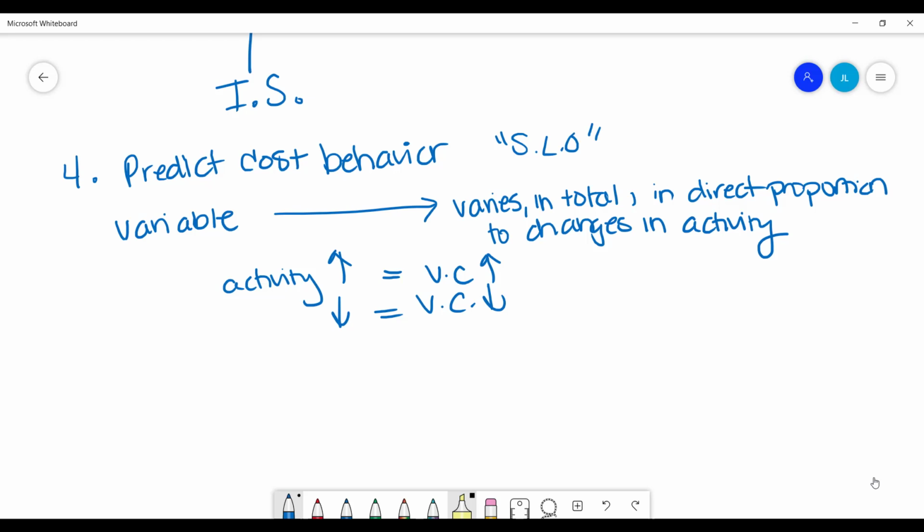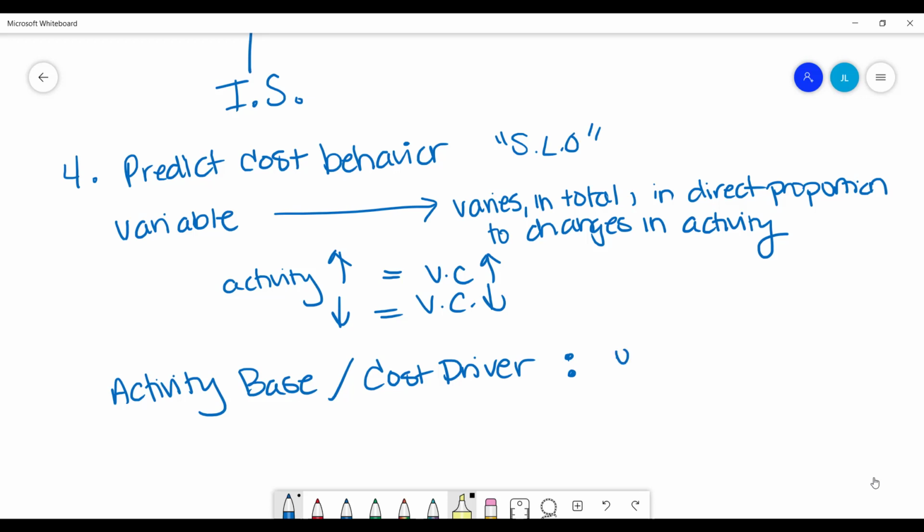So what causes variable costs to either go up or down? That is what we would call an activity base, or our cost driver, the thing that's driving or causing that variable cost to be incurred. Some common activity bases or cost drivers applicable to this class is units produced.